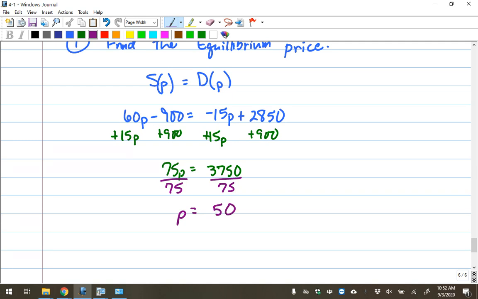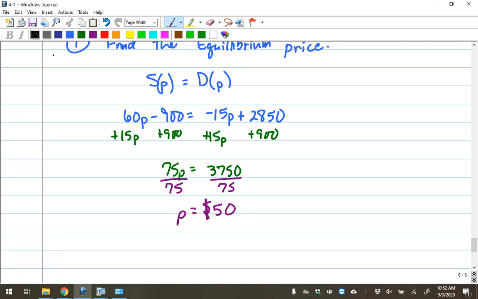So $50, that price would get us equilibrium. Supply would meet demand. We sell everything we make. That's a good point. Okay.